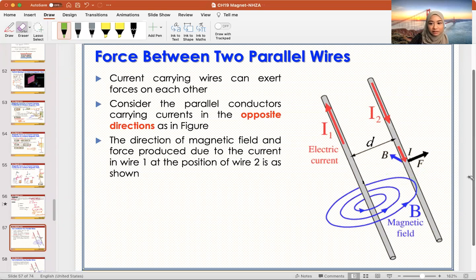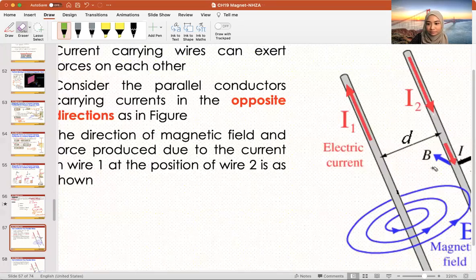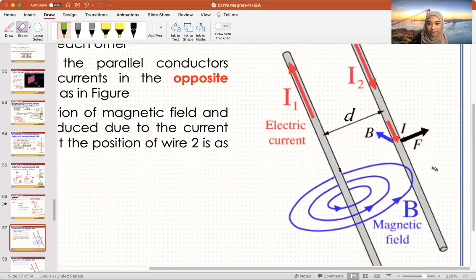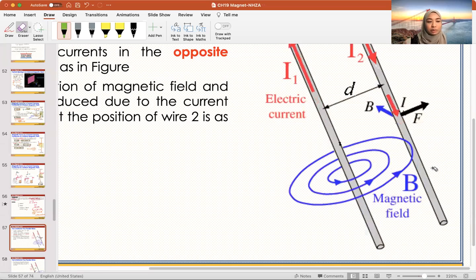Okay, let me try explaining that again. Again, we use our right hand screw rule. I draw my magnetic field. Previously, I wasn't bothered about how I drew it. I just knew that I need a circle around the wire, right?